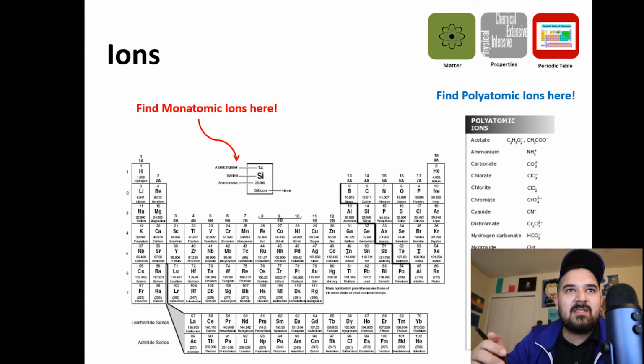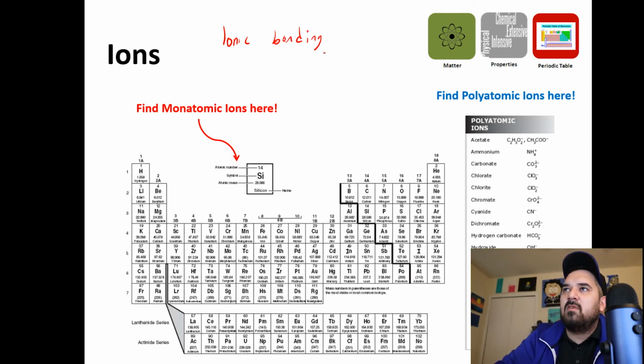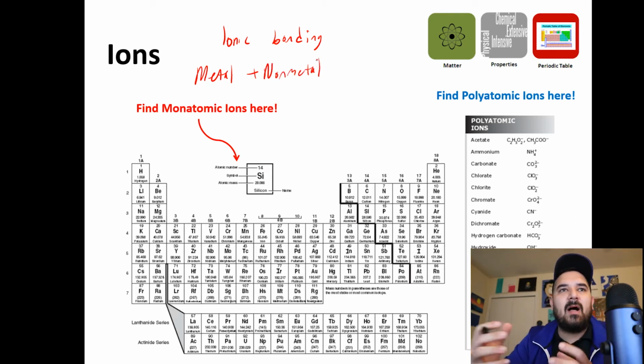All right, so let's talk about ionic bonding real quick. So first, let's define ionic bonding. An ionic bond is a bond between a metal and a non-metal. So once a metal bonds with a non-metal, we call that an ionic bond.